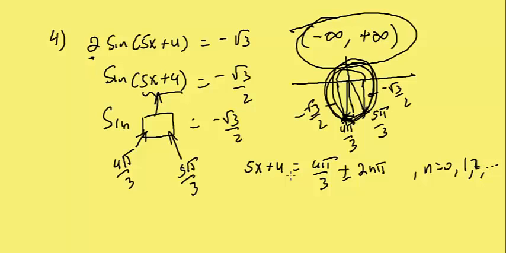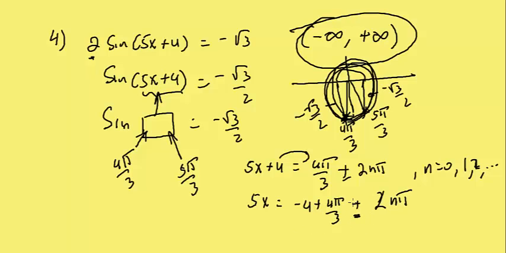Now I have to solve for x. I only solved for 5x plus 4, so I'm going to take the 4 to the other side. I have 5x equal to negative 4 plus 4 pi over 3, and then plus or minus 2n pi.